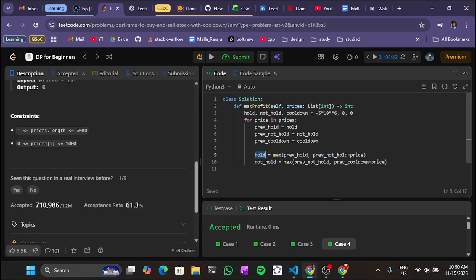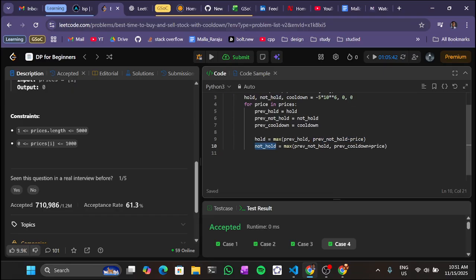The second part, the current holding choice, is simple. You are previously holding something and still want to hold it anyway, or you are not previously holding anything and you want to buy it now at the current price. So previous not hold minus current price.